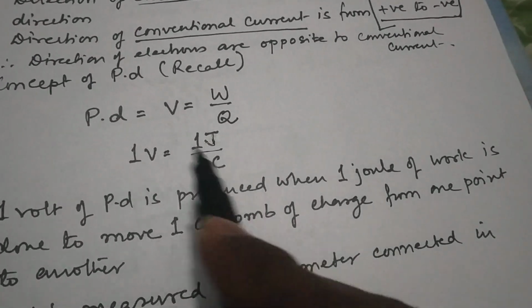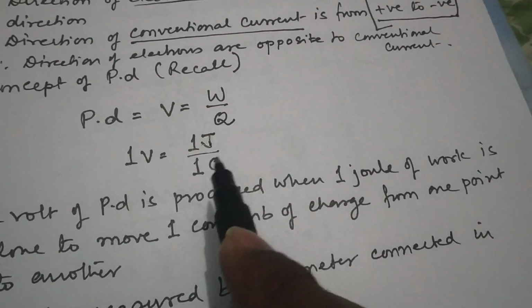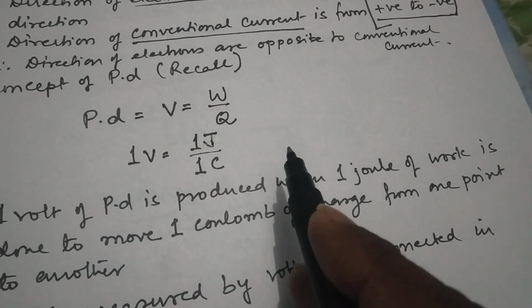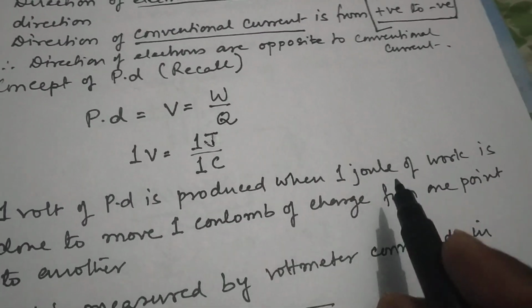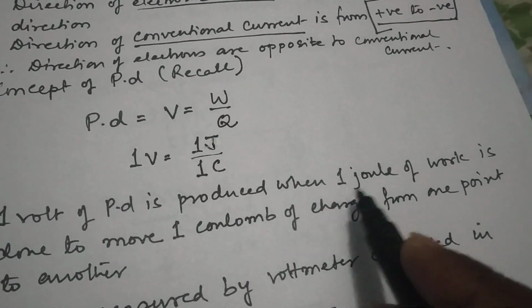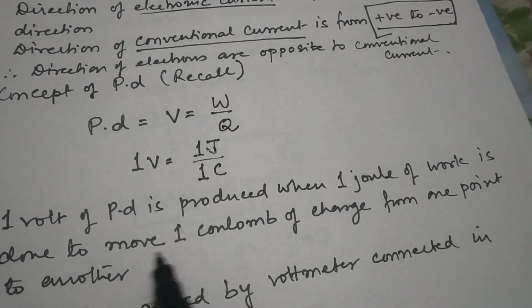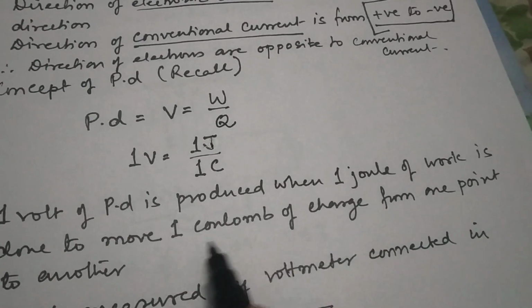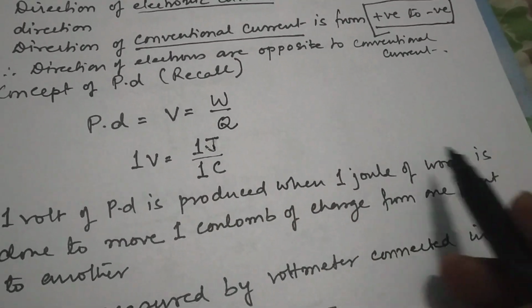If you remember the definition of PD last time, we discussed that it is the amount of work done to move a certain amount of charge, unit charge, from one place to another. So you have to just put the value in this. How much work is done? 1 joule. And how much charge is moved? 1 coulomb. So the definition becomes more clear here.